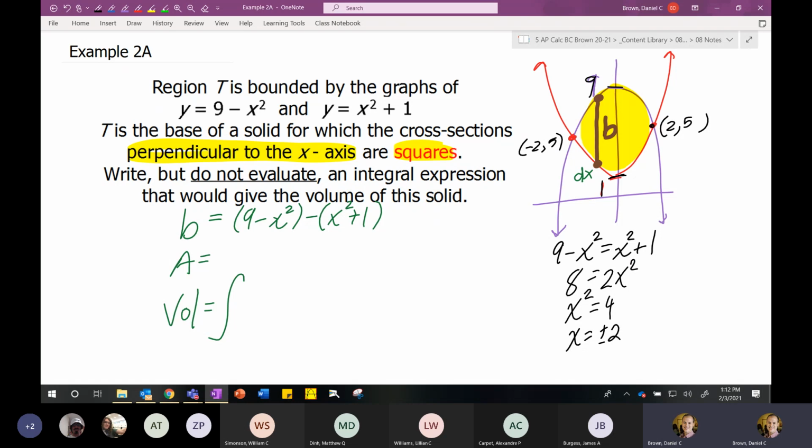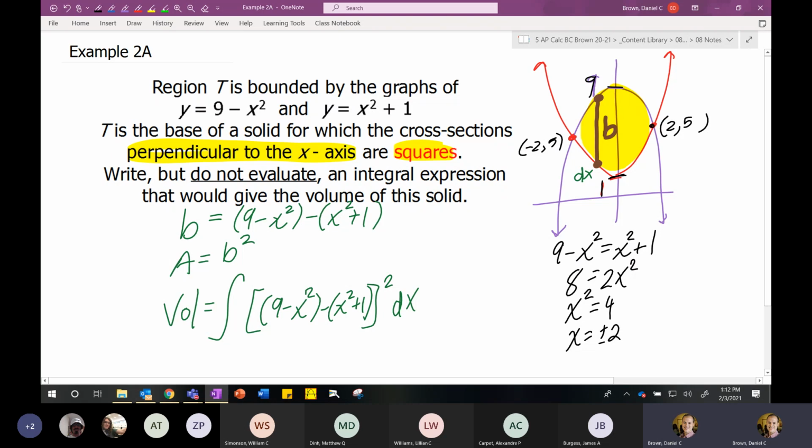It says it's a square, that's the easy area. What's going to be the area of the square in terms of b? Simply b squared. And so then I know that volume is the integral of area. So area is the base squared. What was the base again? 9 minus x squared minus x squared plus 1. We are in terms of dx.